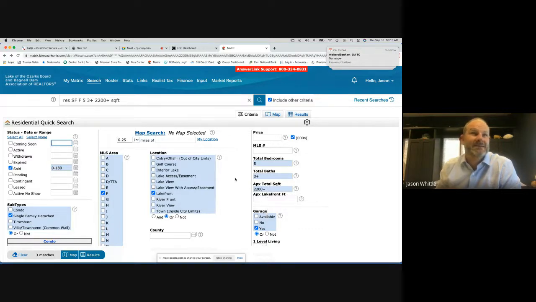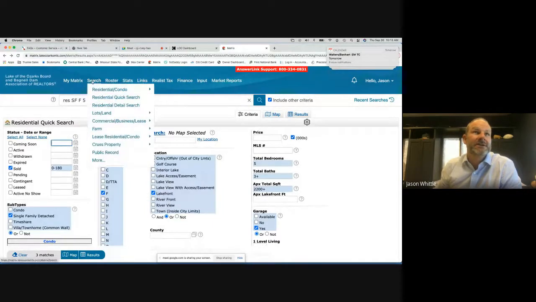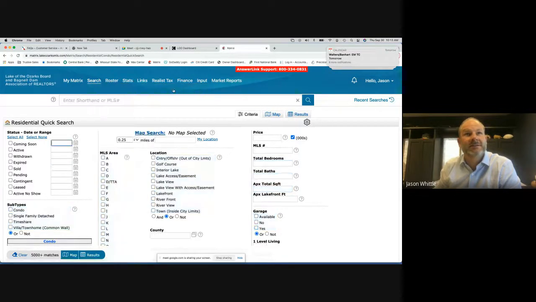But the key is with these really unique properties, you're not going to be able to find exact comps. You guys know this already, but as far as using the matrix, there's no real tricks in this. It's not like statistics, which are a little bit harder. I like to start narrow and get really broad and try to get 4 or 5 comps that I can take.